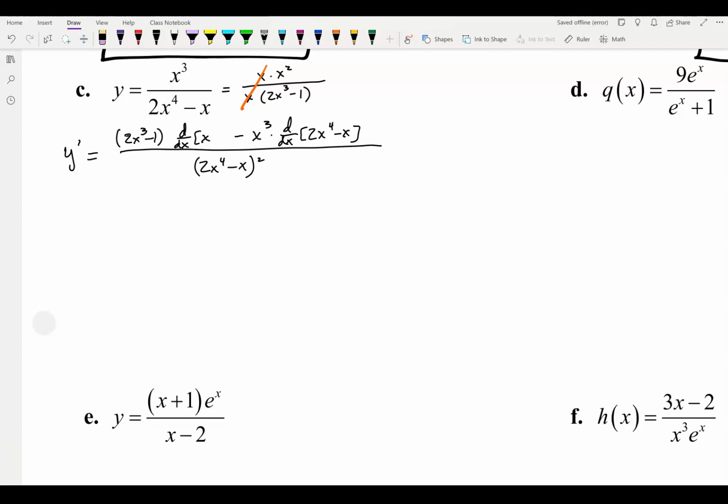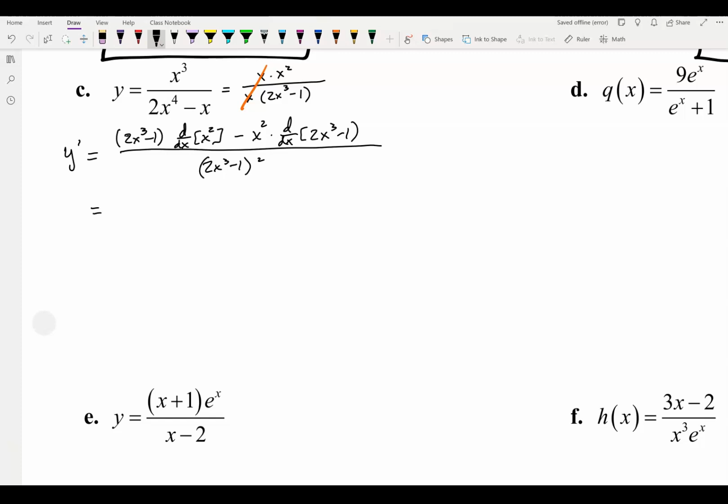My second function becomes x squared now. And my top function becomes x squared, and then my bottom function is 2x to the third minus 1. And of course down here we're going to have 2x to the third minus 1 squared.